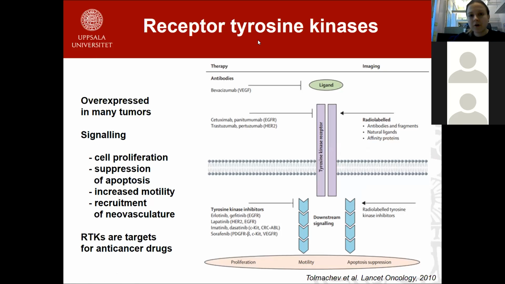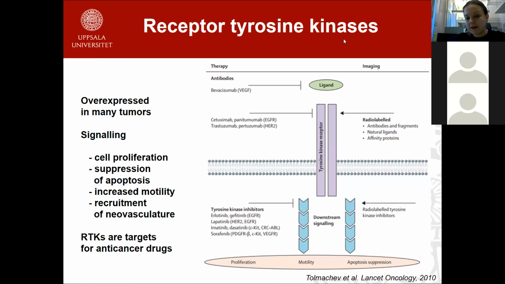So a very common target for cancer is receptor tyrosine kinases. Basically, it's what we work on in the lab, but quite a lot of other people work on it too.